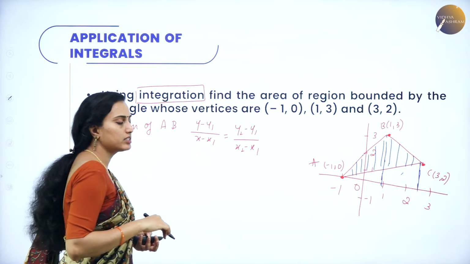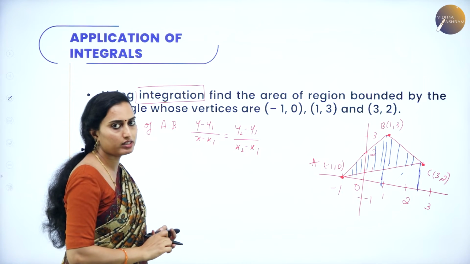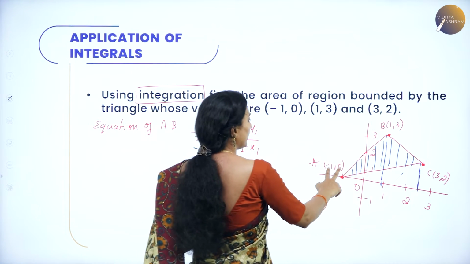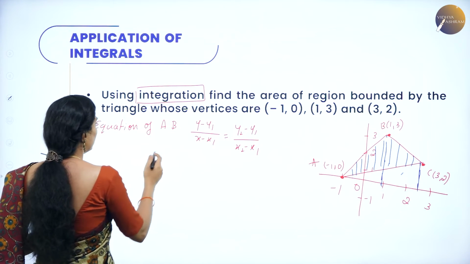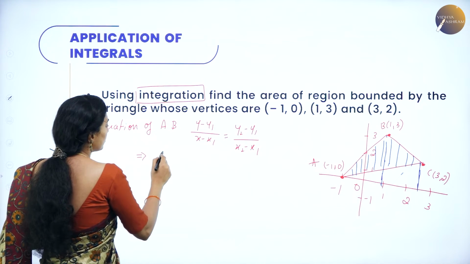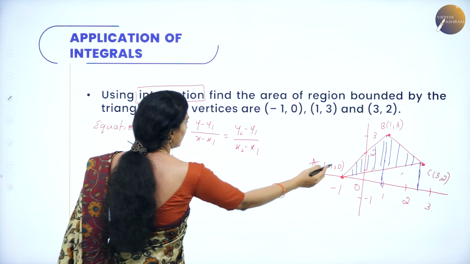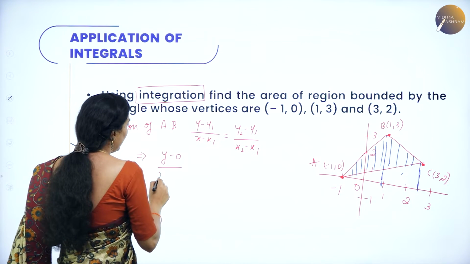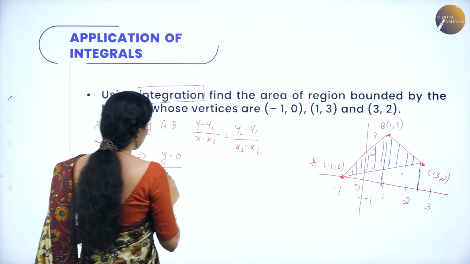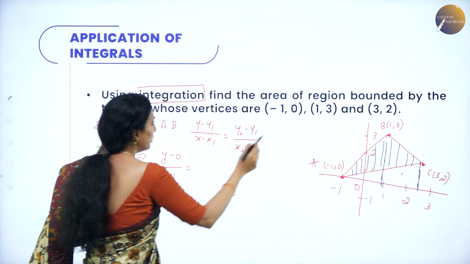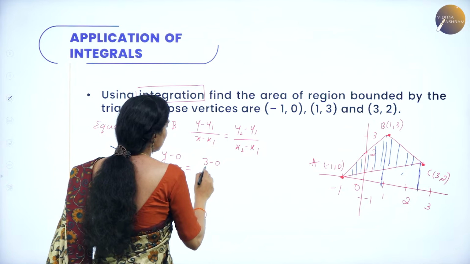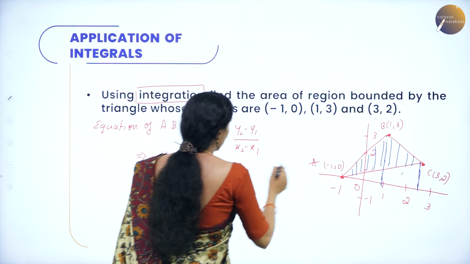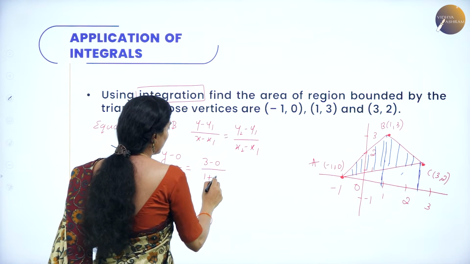Any point you can take as x1, y1, and any point you can take as x2, y2. Here the starting point is x1, y1 and this is the point x2, y2 I am taking. So according to the formula, y minus 0 divided by x minus (-1), which becomes x plus 1, is equal to 3 minus 0 divided by 1 minus (-1), which is 1 plus 1.